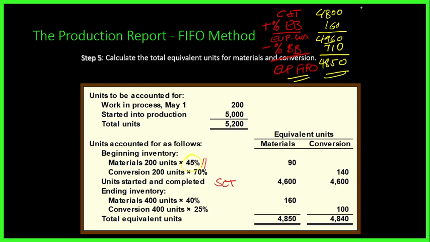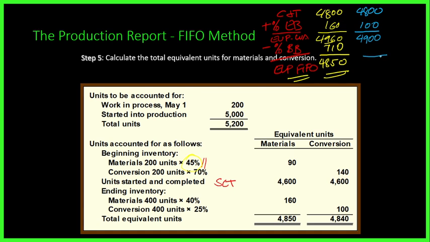Sige na nga, i-compute na natin. Tanong-tanong pa ako, no? Isosolve ko rin lang pala, no? Percentage of completion ending inventory, 25% times 400, that will be 100. Okay, so for weighted average, you will now have 4,900. Okay, sana hindi ako mapahiya dito.